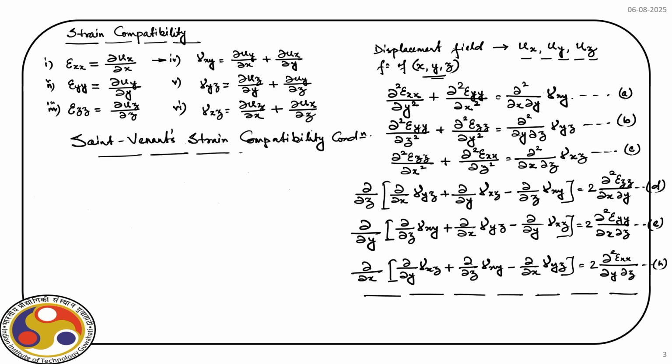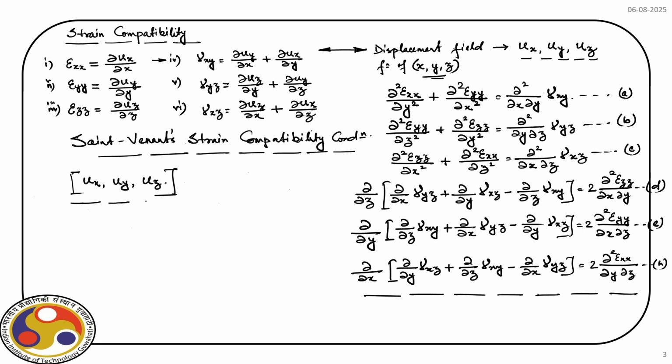Now, once we derive this strain compatibility condition, now we can uniquely solve ux, uy and uz from the strain. So, we can solve the forward problem. If we start from displacement field, we can easily find out all strain components, and if we know strain components and if we know compatibility conditions, then we can also figure out all the displacement components from the different strain components, because they must satisfy this strain compatibility conditions.